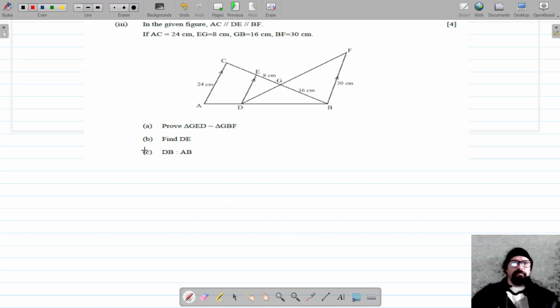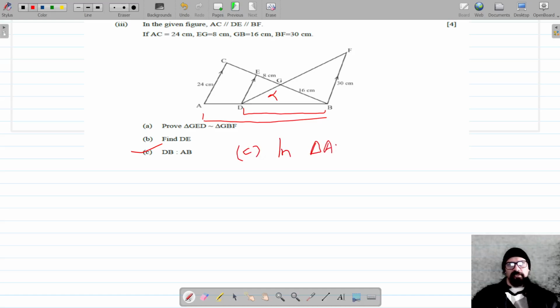Okay, for part C, we have to find the ratio of DB to AB. So this is DB and this is AB. DB comes in triangle EDB and AB comes in triangle ABC. So we have to prove that these two triangles, ABC and triangle DBE, are similar.